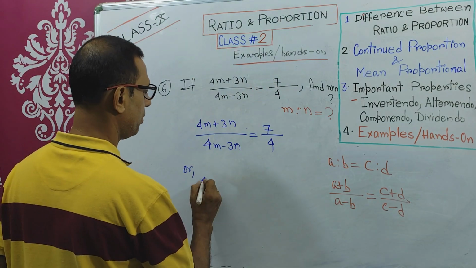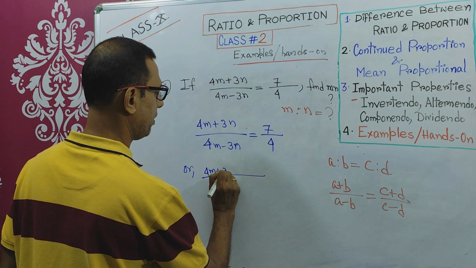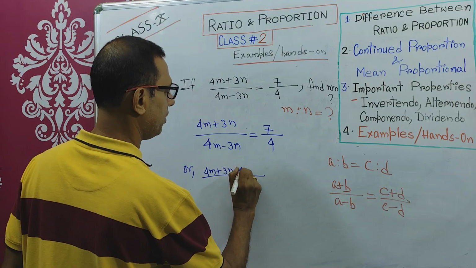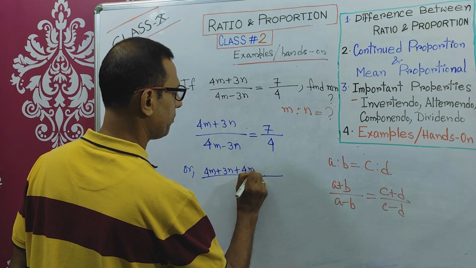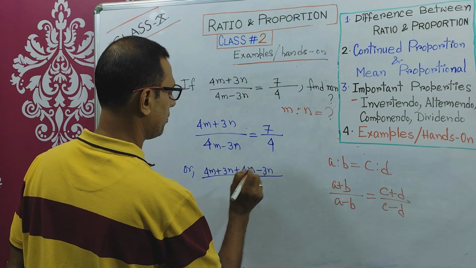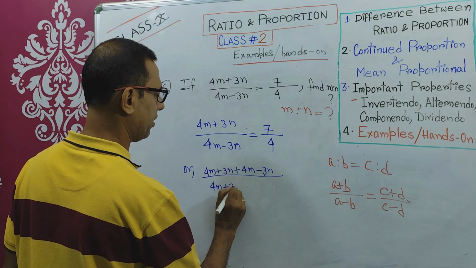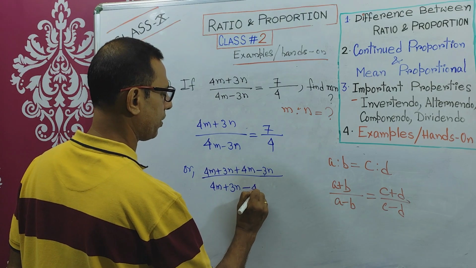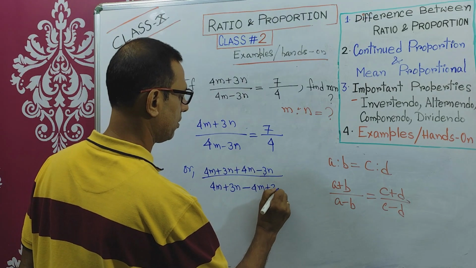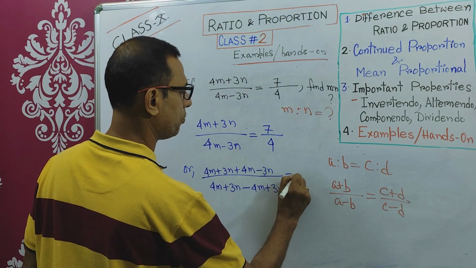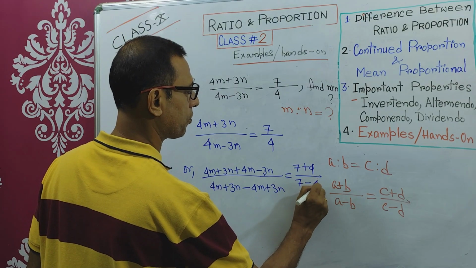That means here we can do the same thing: numerator 4m plus 3n plus denominator 4m minus 3n, so a plus b by a minus b, 4m plus 3n minus 4m, minus of minus 3n means plus 3n, equals 7 plus 4 by 7 minus 4.